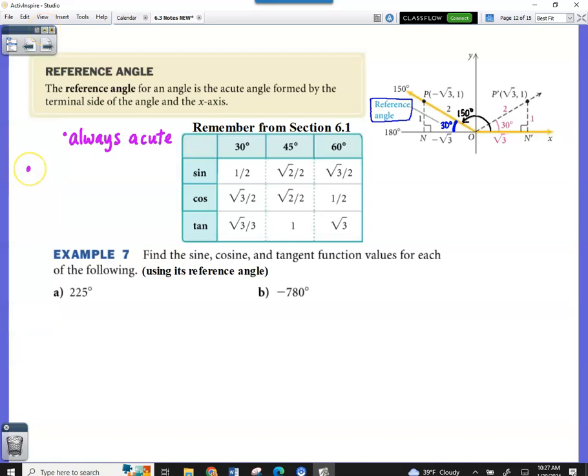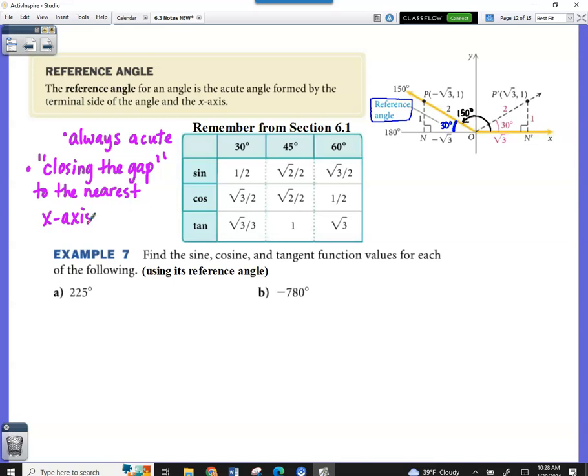And then you need to think of it as closing the gap to the nearest x-axis, or quadrantal angle, but it's always the x-axis. It's always going to be what collapses to the x-axis, okay? Never the y-axis. Think of why would you do that? Don't go to the y-axis, it's to the x-axis, okay?